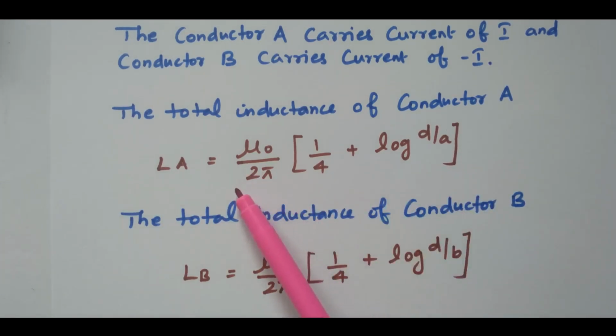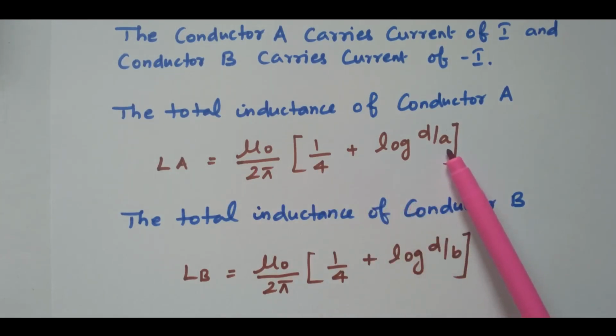So this expression is nothing but the total inductance of conductor A: mu naught divided by 2 pi (1/4 plus log d by a).